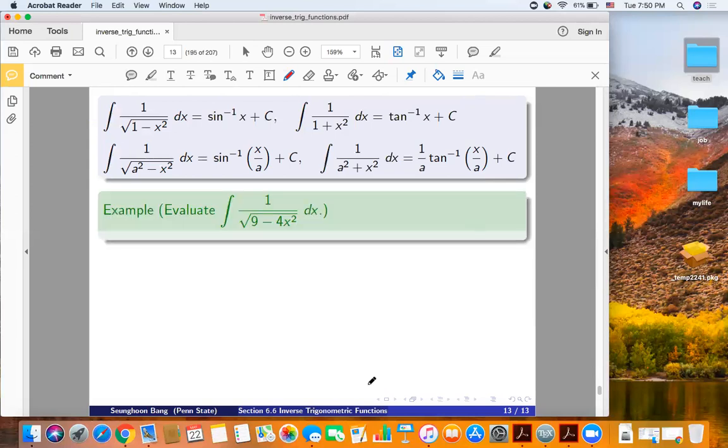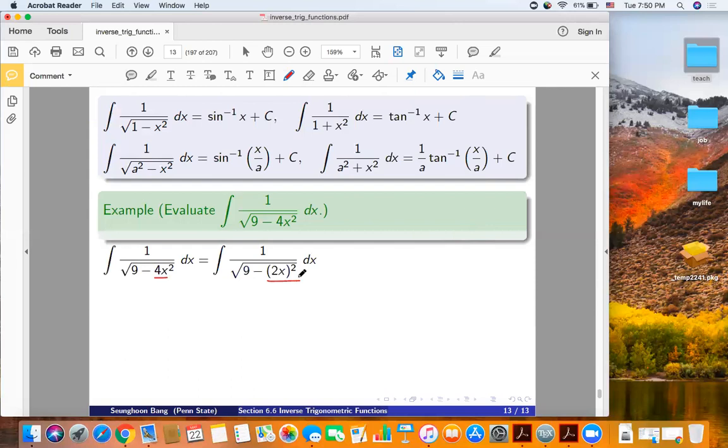For the last example, the integral of 1 over the square root of 9 minus 4x squared dx. How can you solve it? You can use this idea. You can change 4x squared to 2x squared.